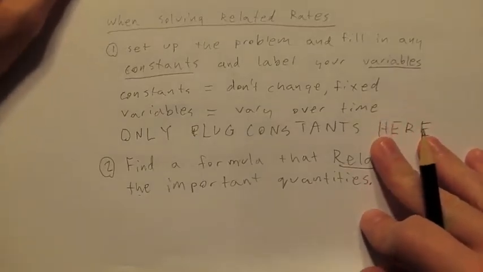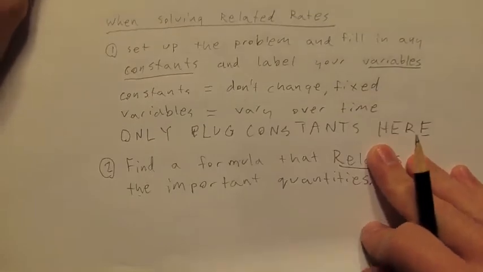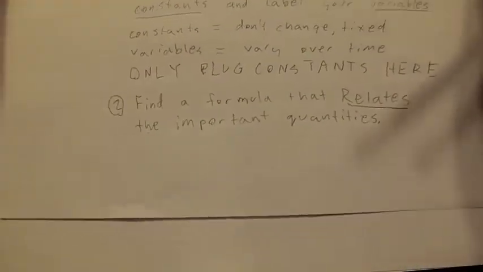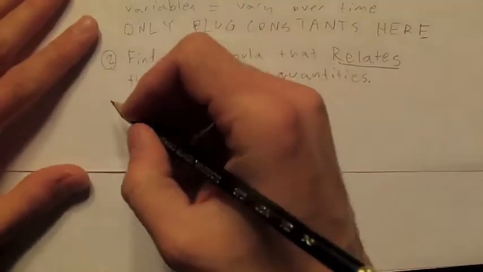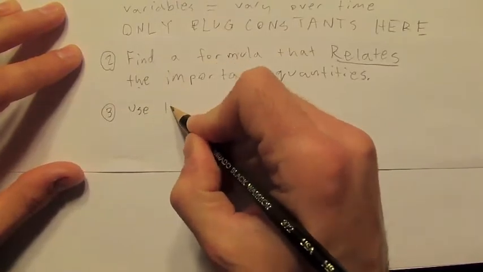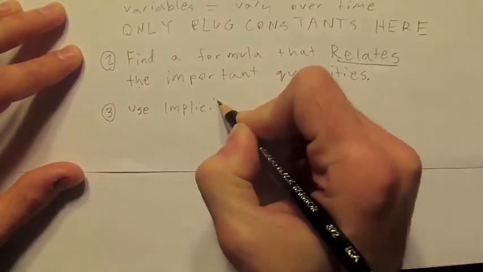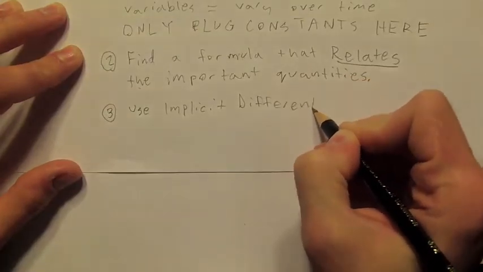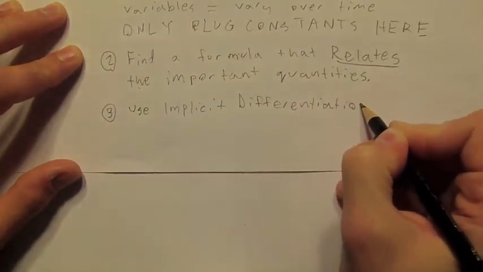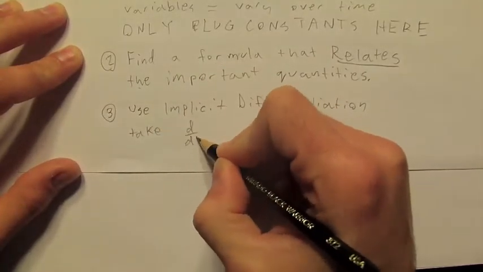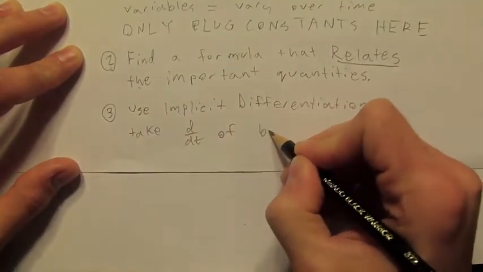And once you do that, then step 3 is you're going to use implicit differentiation. In other words, take the derivative with respect to t of both sides.